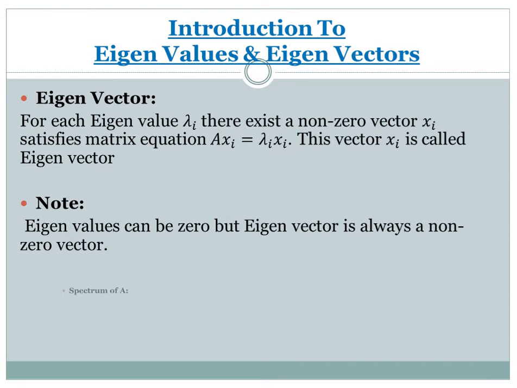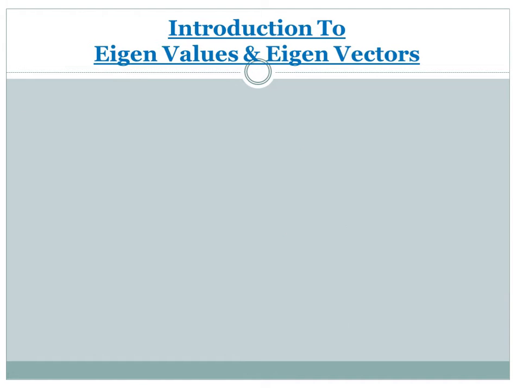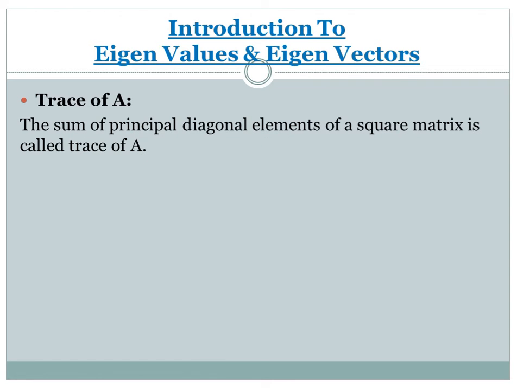This is important. The next point is the spectrum of matrix A. The set of all eigenvalues of matrix A is the spectrum of A. The next point is the trace of matrix A. The sum of the principal diagonal elements of a square matrix is called the trace of that matrix.